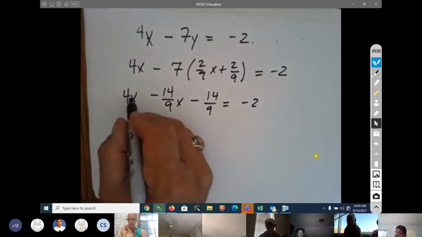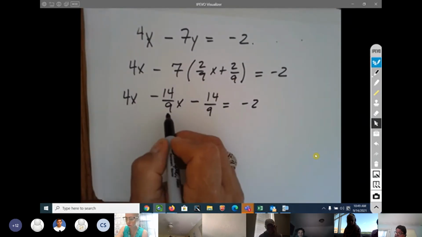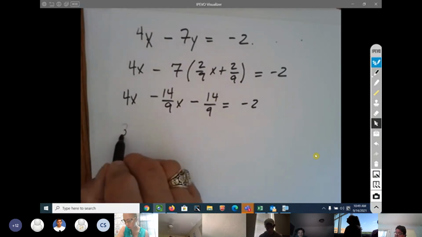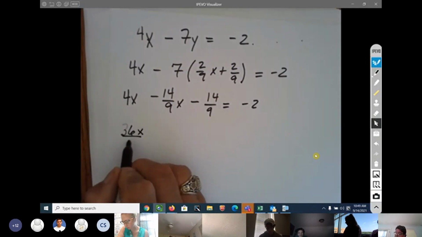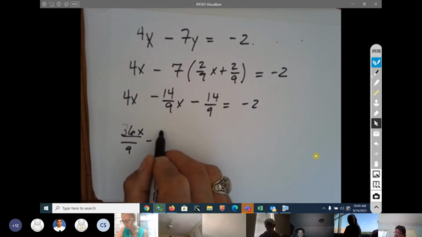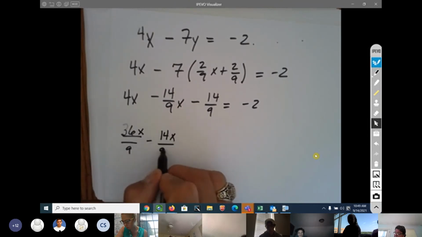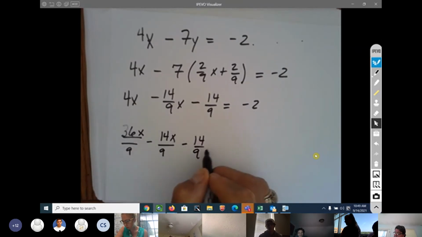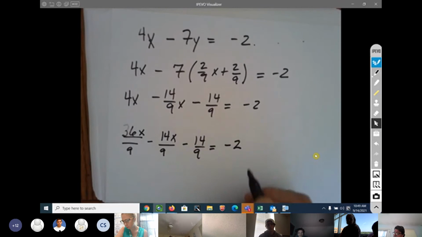And that's going to be, wait a minute, let's see, 9 times, it's going to be 36x over 9 minus 14x over 9 minus 14/9 is equal to negative 2.